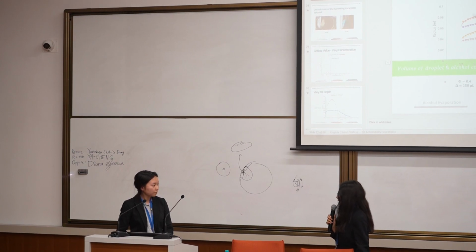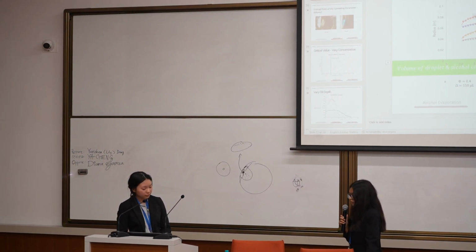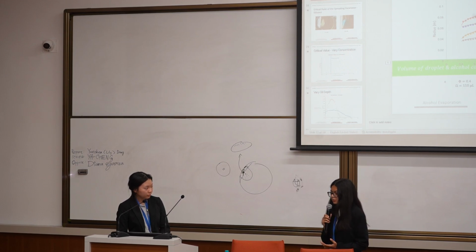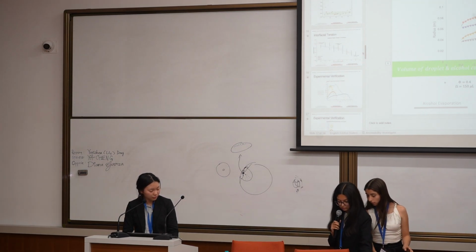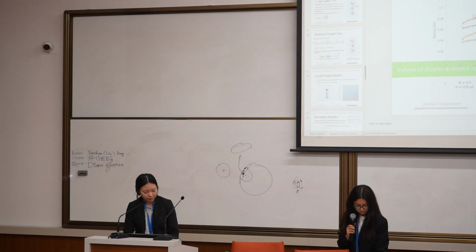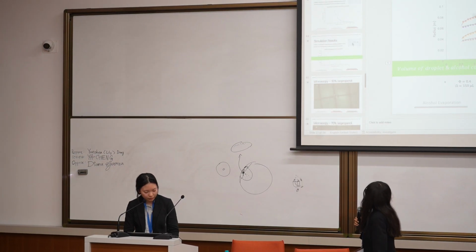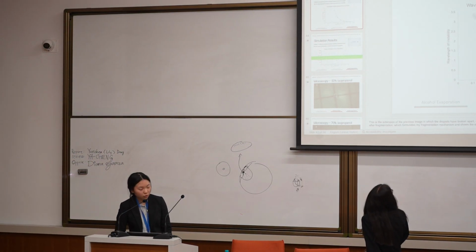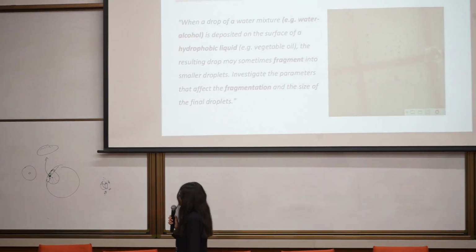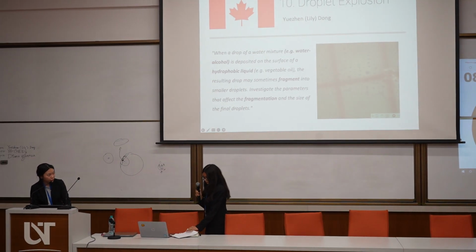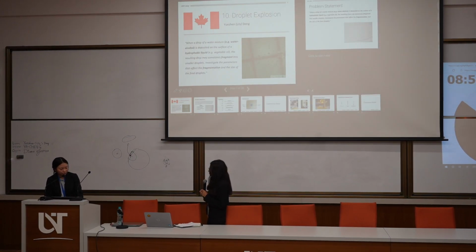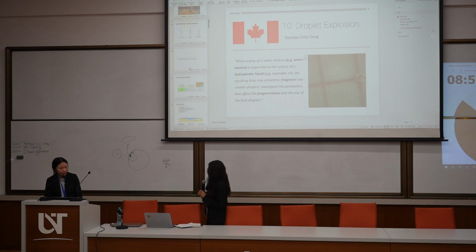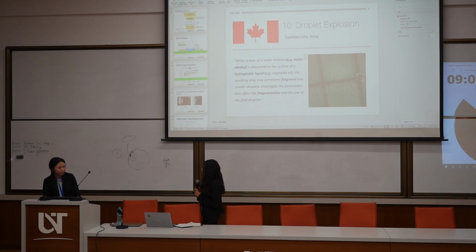For the simulation you did of the droplets, how did that compare to what actually was happening? If you don't mind, I'll just go to my simulation slide. Some ways to compare your simulation and the theoretical result from the simulation is that you can use image analysis to eventually get the size distribution of the fragmentations.